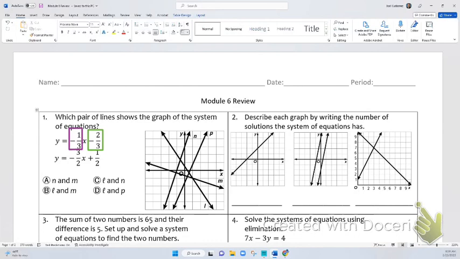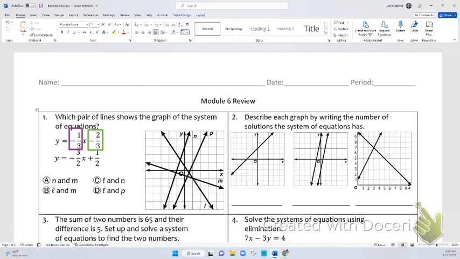So if you look down here, the only ones that intercept on the negative y-axis are going to be lines M and P. Seeing that negative 2/3 is not more than negative 1. It's actually negative 0.66666 repeating.